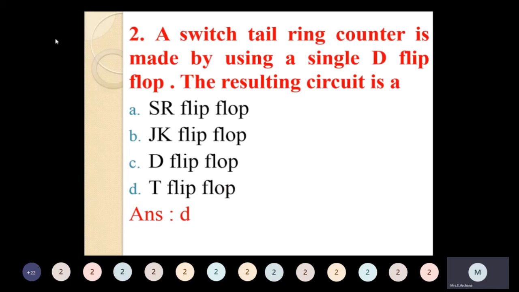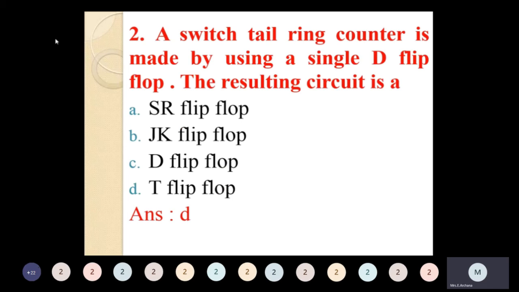A switch tail ring counter is constructed with the help of a single D flip flop. So what will the resulting circuit be: SR flip flop, JK flip flop, D flip flop, or T flip flop?